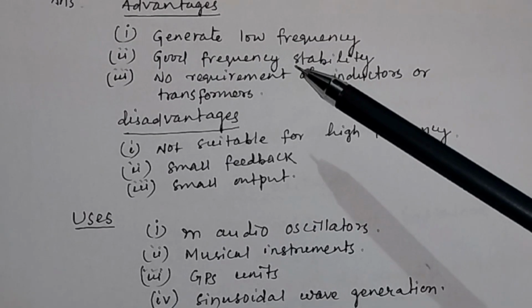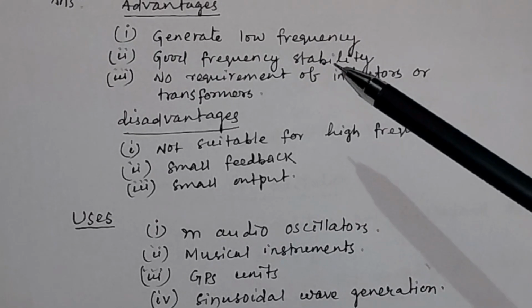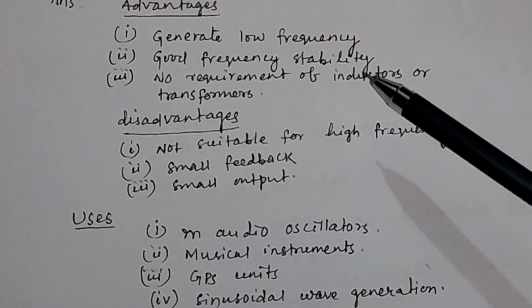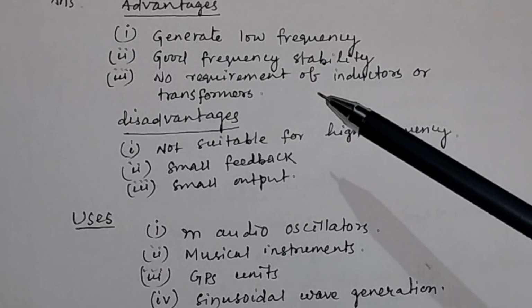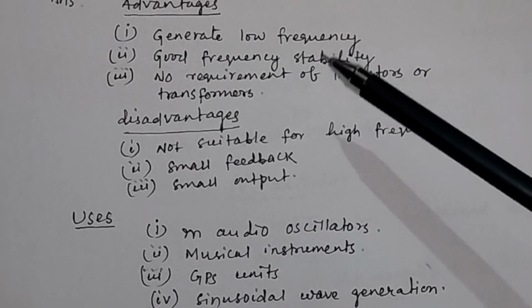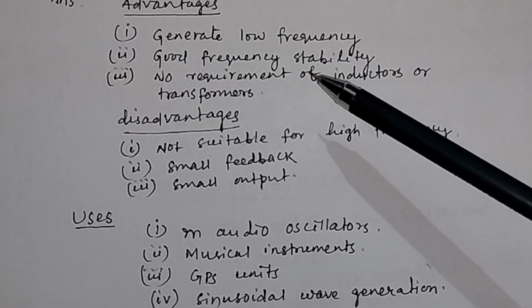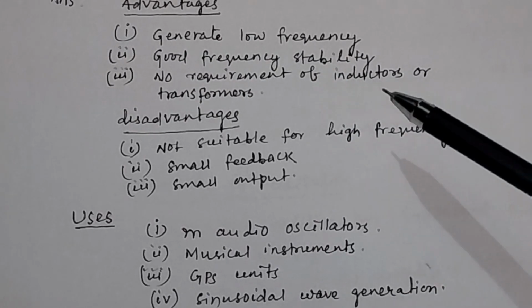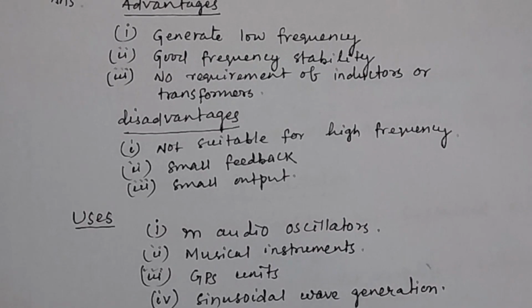And phase shift oscillator has good frequency stability, and there is no requirement of inductors or transformers in RC phase shift oscillator, because here we use resistors and capacitors, so there is no use of inductors and transformers.